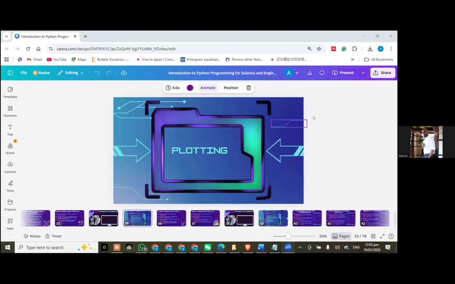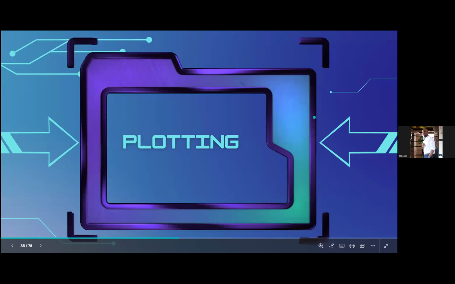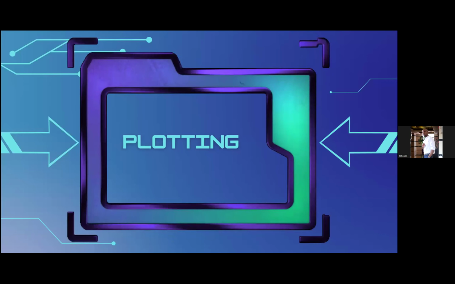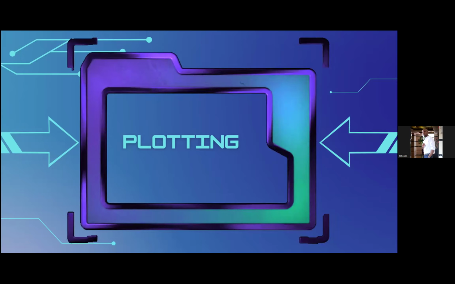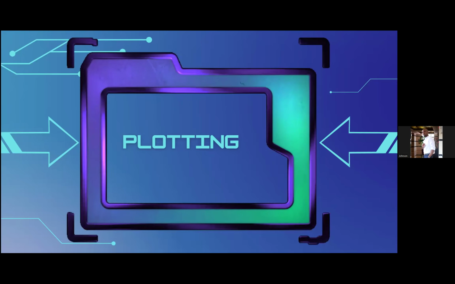Like I mentioned, one of the key aspects of programming is how to visualize your data. And it plays a critical role, also for those that will go into analysis, and even to your audience.